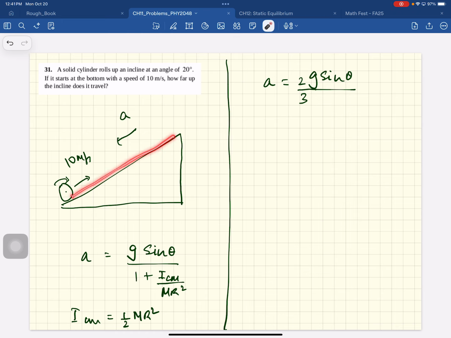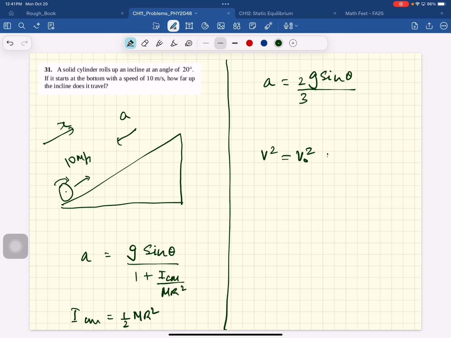So again, we'll label our x-axis in this direction. Okay, so x minus x naught. All right, how about we use this formula? Let's use v squared equals v naught squared plus 2a times x minus x naught.